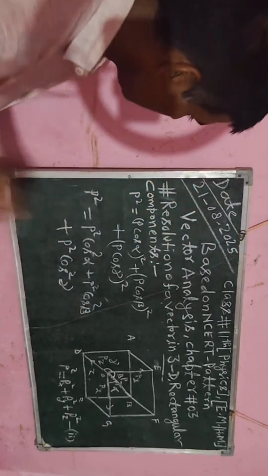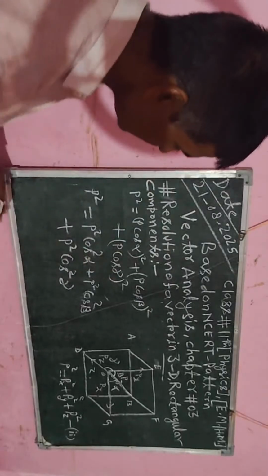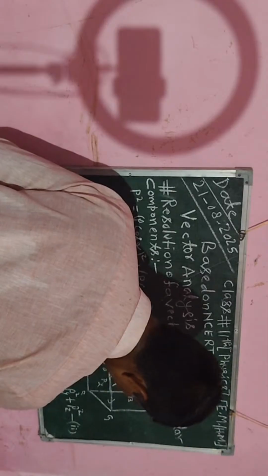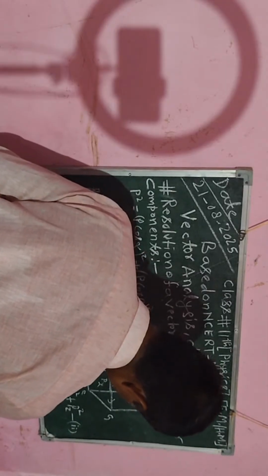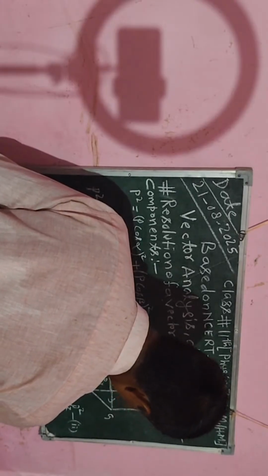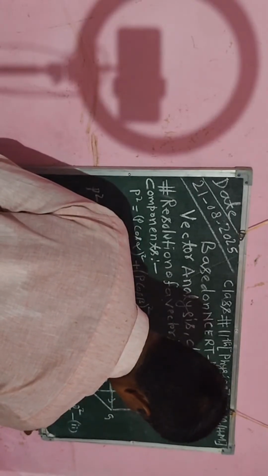Because I have written one identity formula, that xy to the power n will be x to the power n into y to the power n. So that concept I have written here.